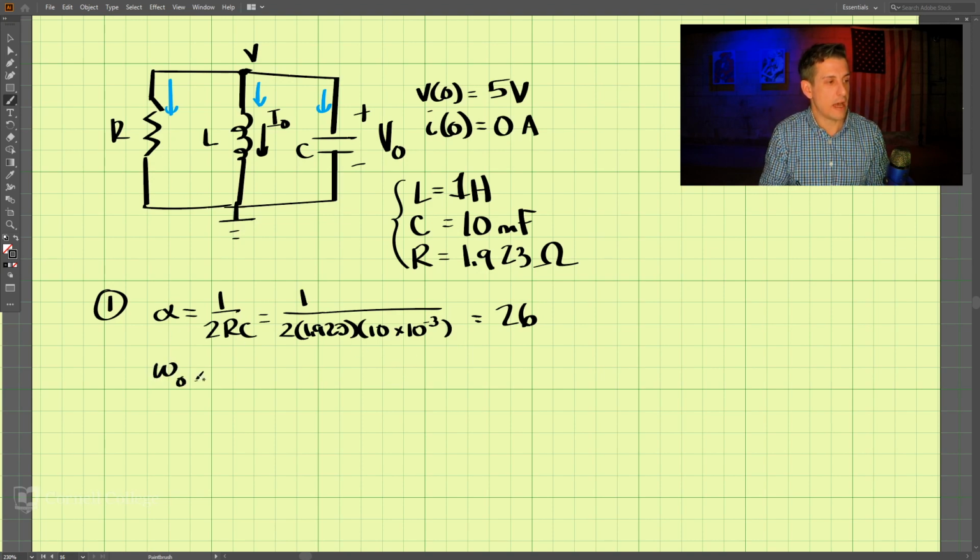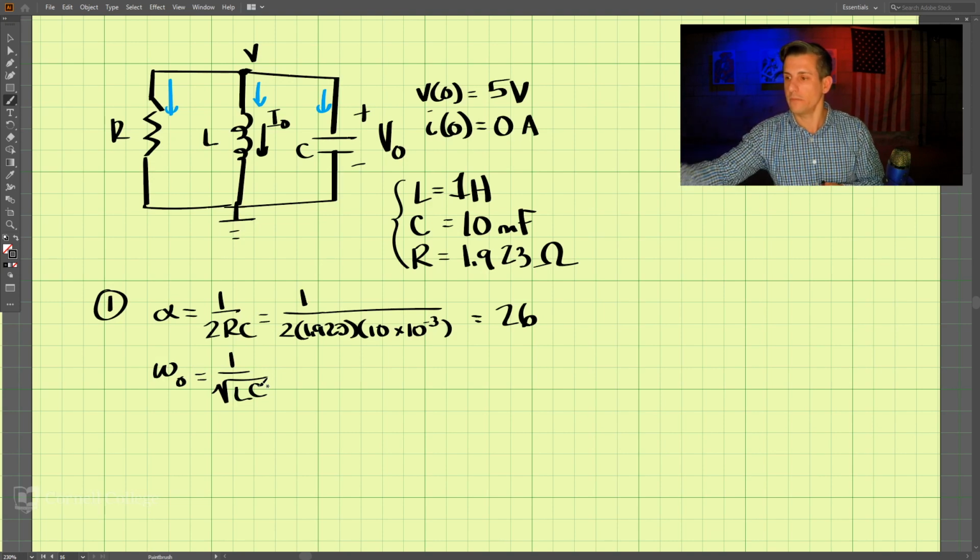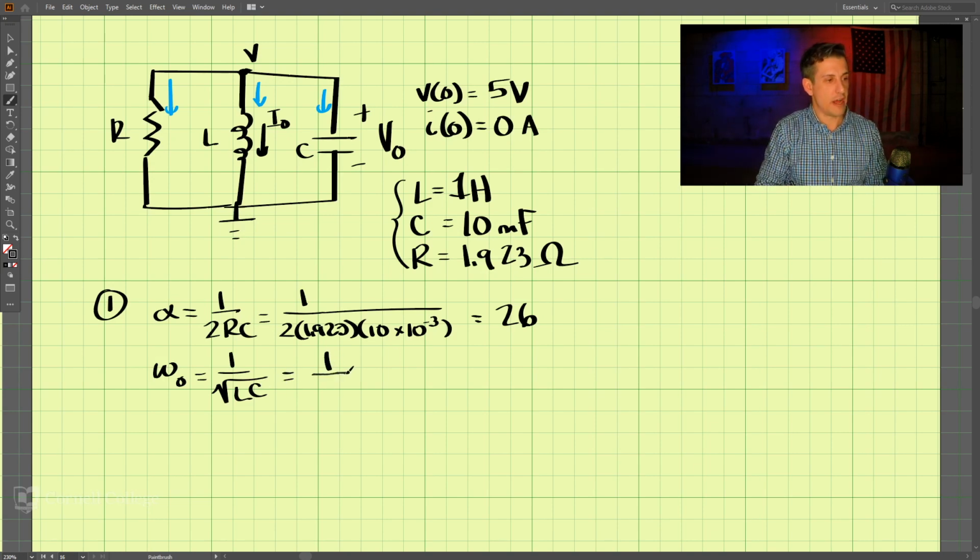And next we need to calculate our resonant frequency, which is equal to 1 divided by the square root of L times C. That is 1 divided by the square root of L, which is 1, times 10 times 10 to the negative third for the millifarads.